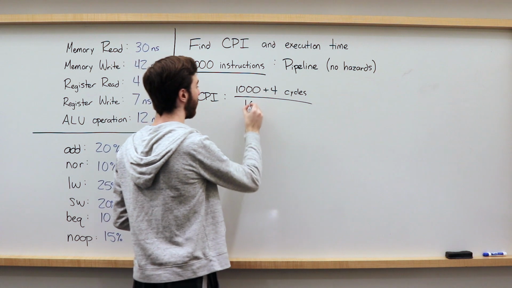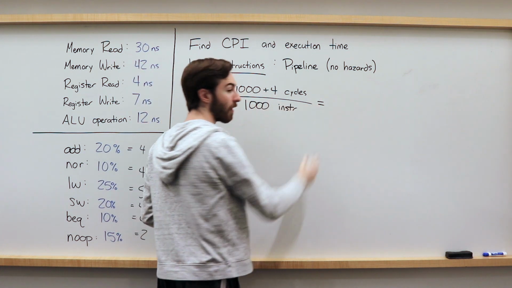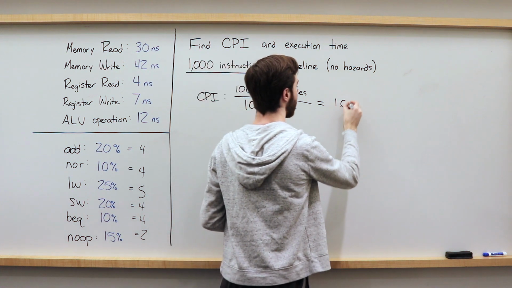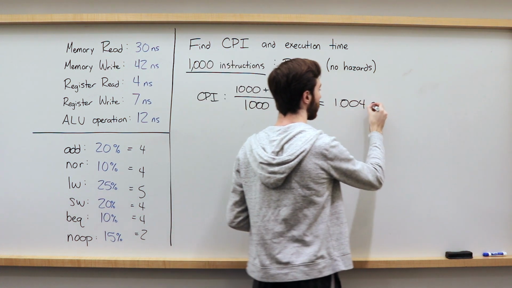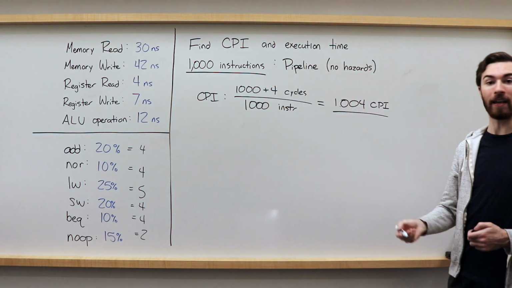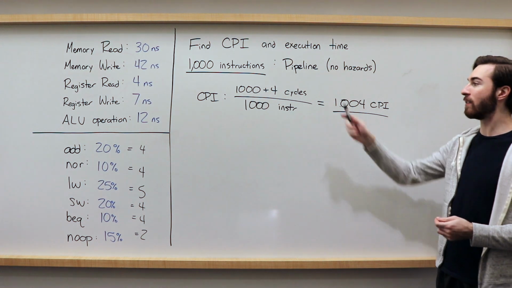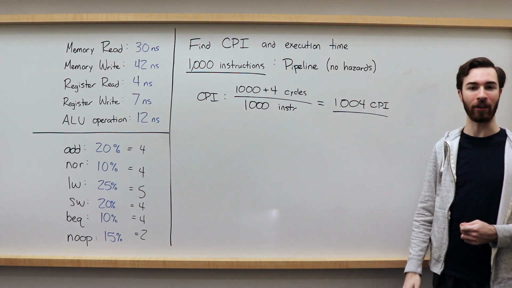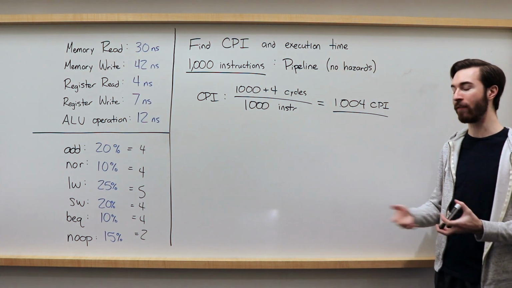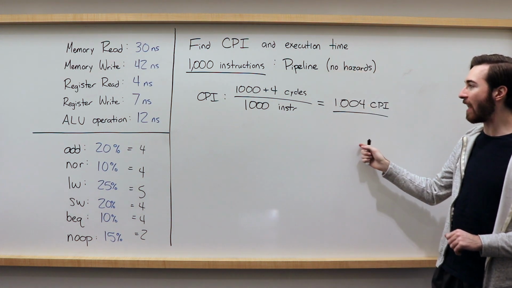And then we just divide that by the number of instructions to give us a CPI of 1.004. And in general, the CPI of the pipeline should be very, very close to 1 because we're putting through about 1 instruction every cycle.